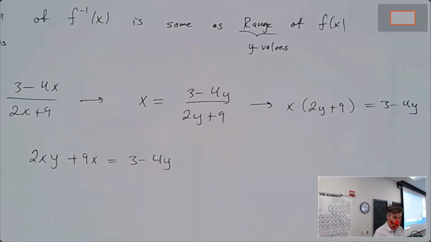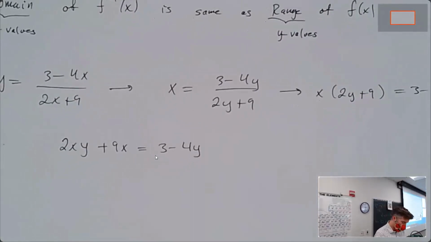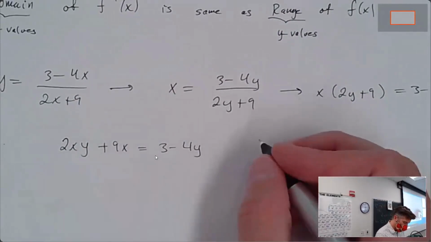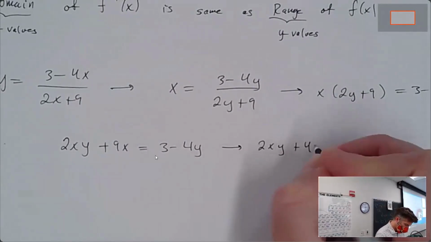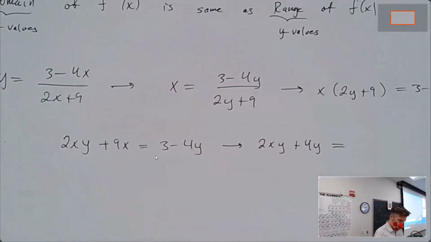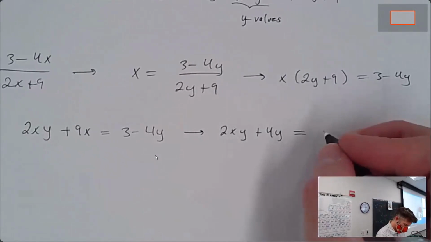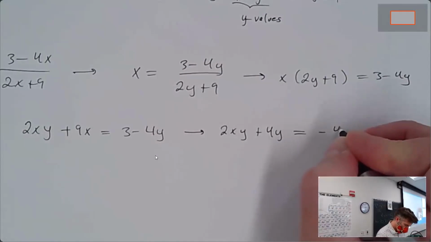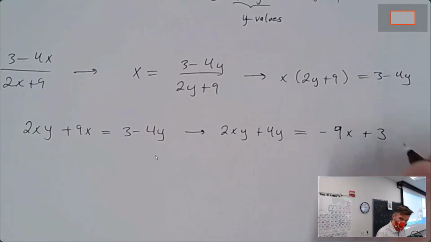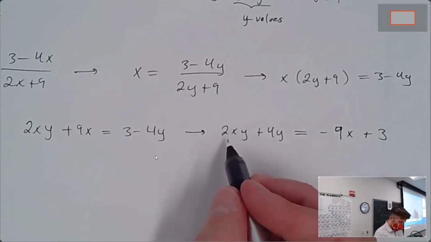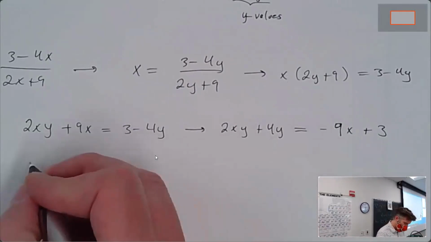I'm trying to solve for y, so I'm going to bring all my y's to the same side: 2xy plus 4y, and all my non-y's to the other side: negative 9x plus 3. And the reason we want those y's on that side is so we can factor out a y.